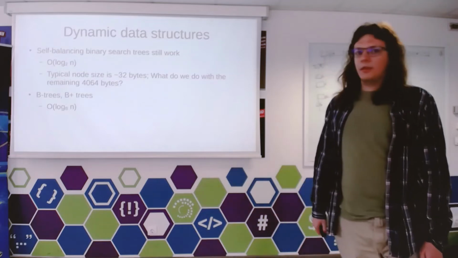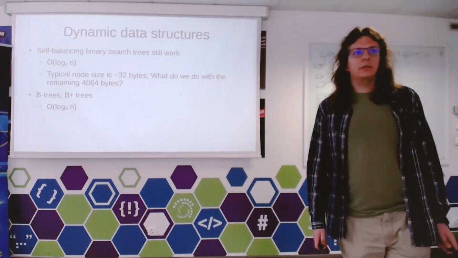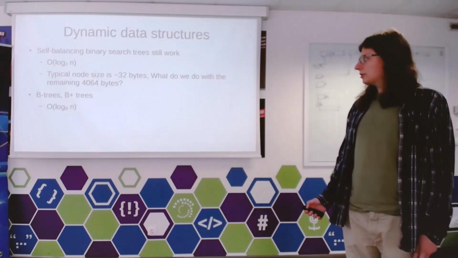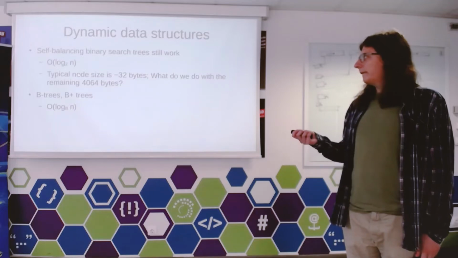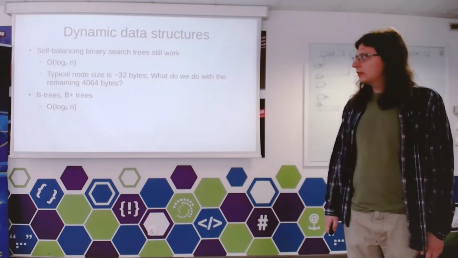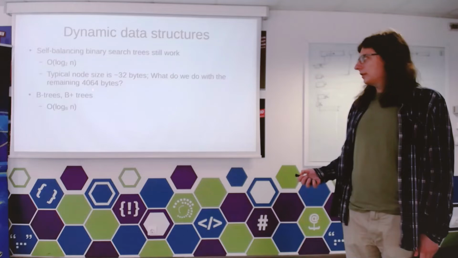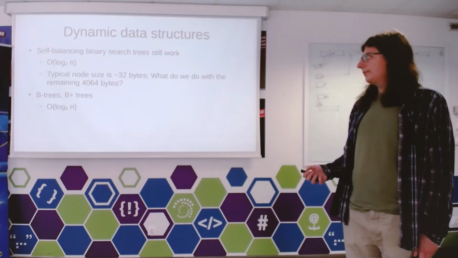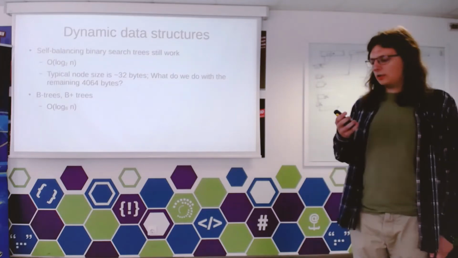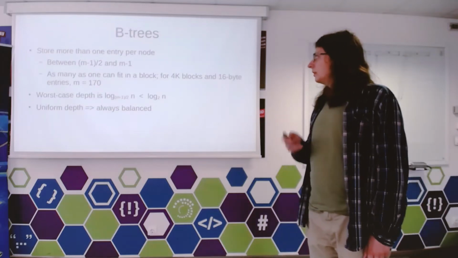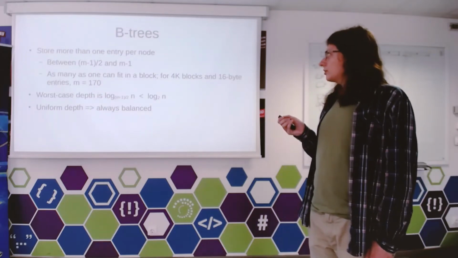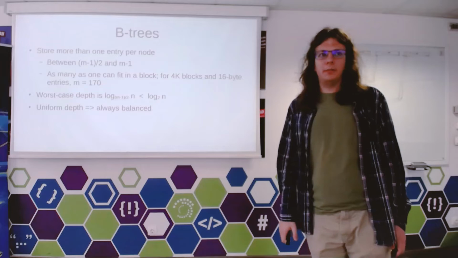And the goal here is to have a data structure that, again, reduces this factor, reduces the depth of the tree by having larger nodes. One such data structure is the B tree.